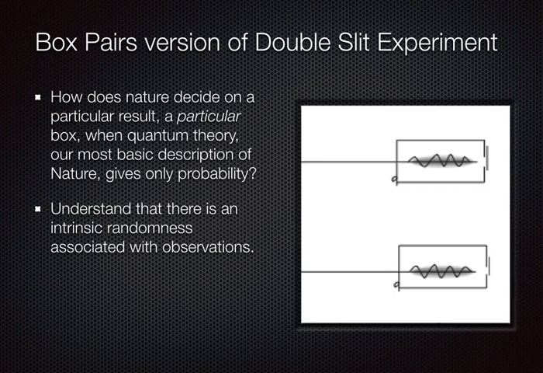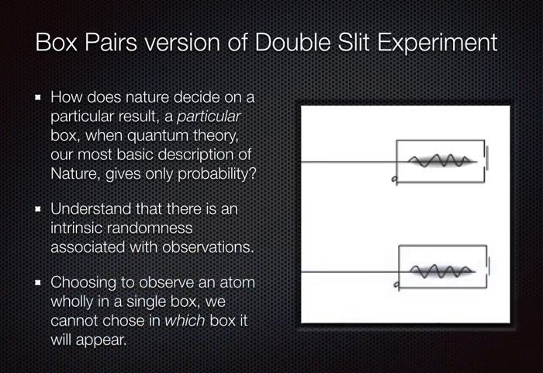associated with the observation. So choosing to observe an atom wholly in a single box, we can't choose in which box it will appear. It's completely random. We can't choose that it's going to be in this box. No. All we do when we observe is we determine one or the other. Completely random. And they've done a billion experiments to try to find patterns in the randomness, and I think I said in class 2 that doesn't work.